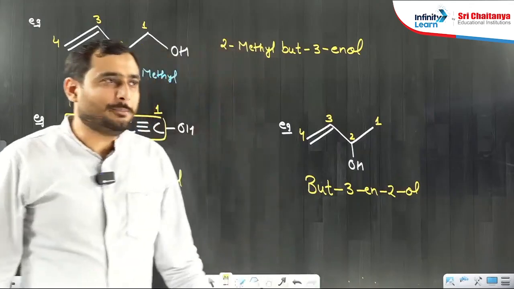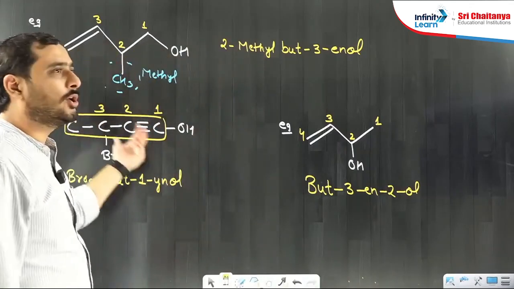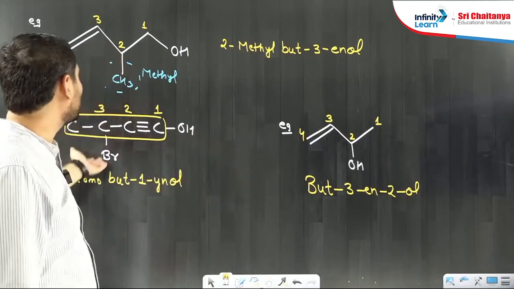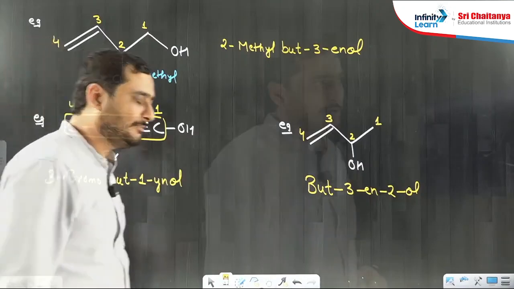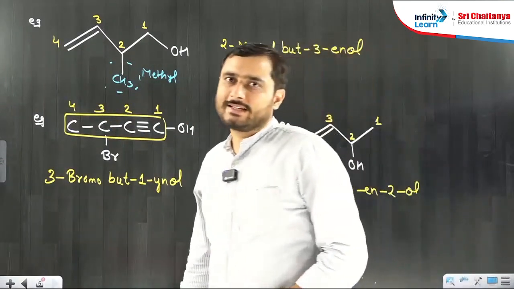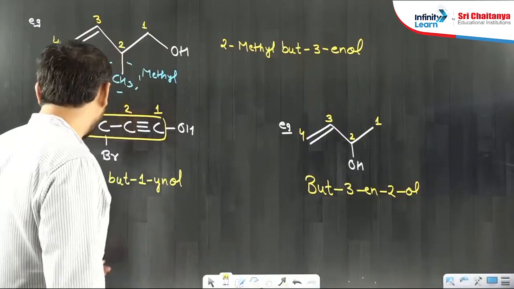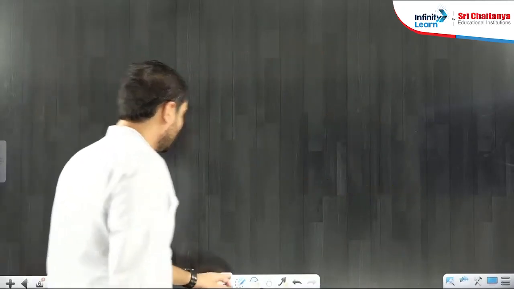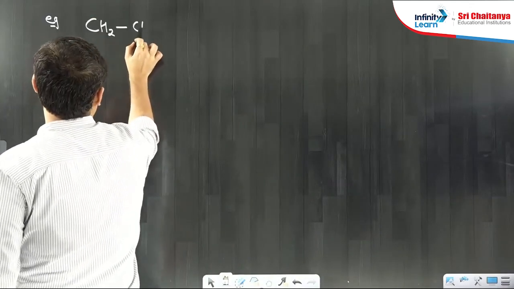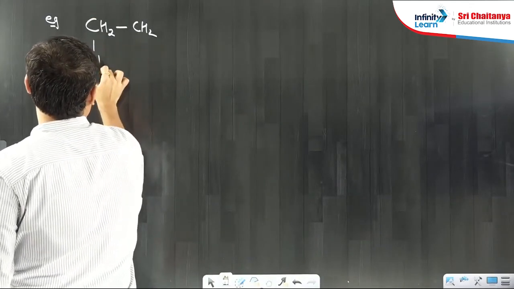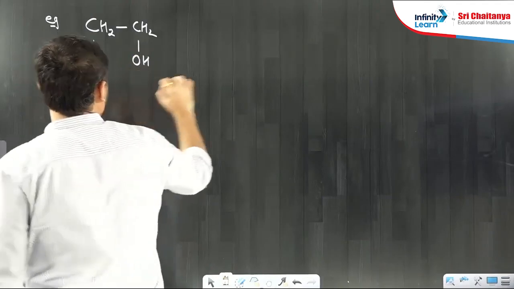So these are some examples where a double bond or triple bond is present with substituents also. Methyl is present, bromo is present. Now next we move to those examples where more than one OH group is present. Here 2 functional groups are present. So let us take an example: CH2, CH2, OH, OH.